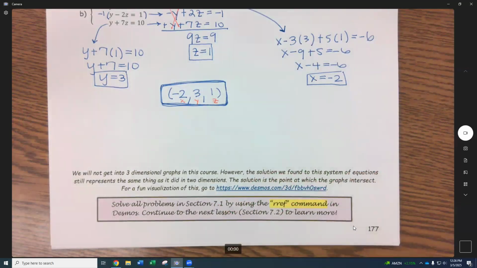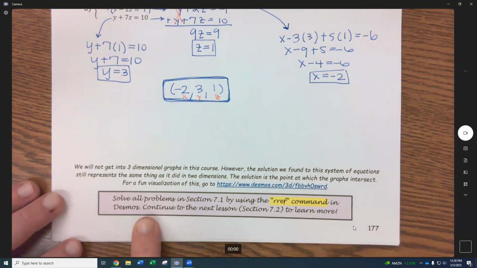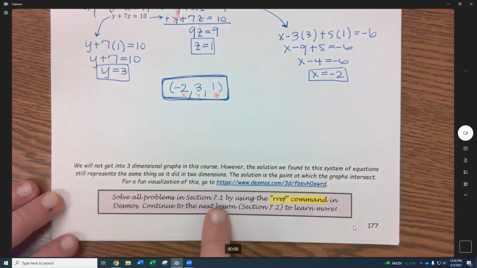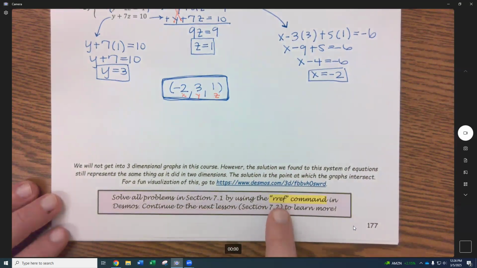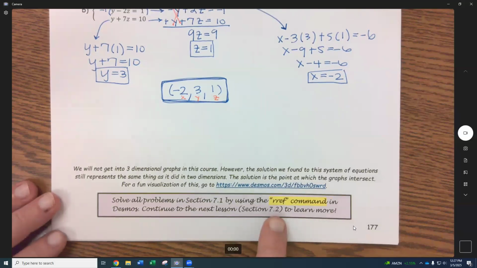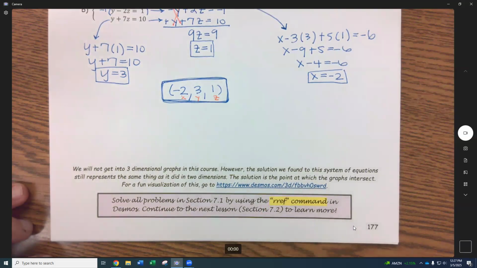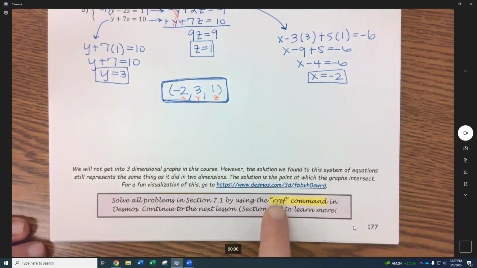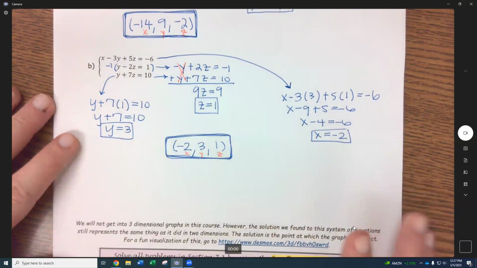But that's really all I have for lesson 7.1. For 7.1, it says solve all problems by using what is called the RREF command in Desmos. So you need to continue on to lesson 7.2 to learn more about this RREF command. You will be using it for both homework sections of 7.1 and 7.2. So you shouldn't be doing any of these hard ones.